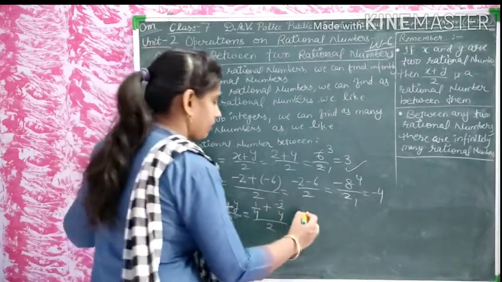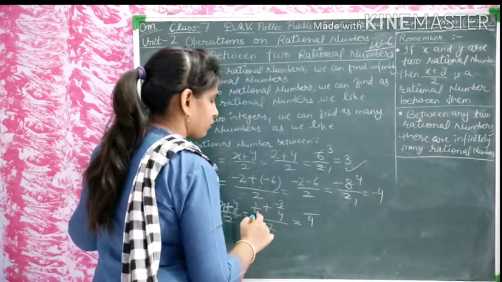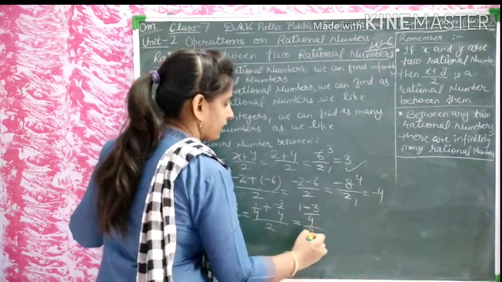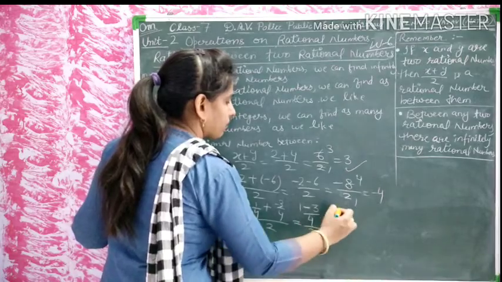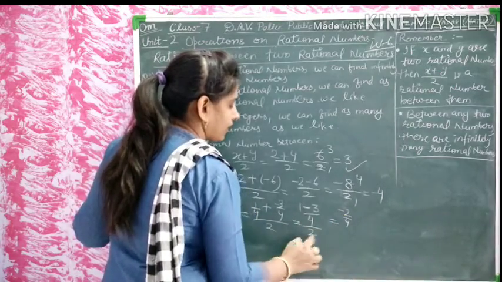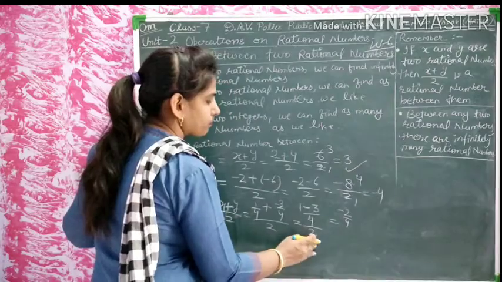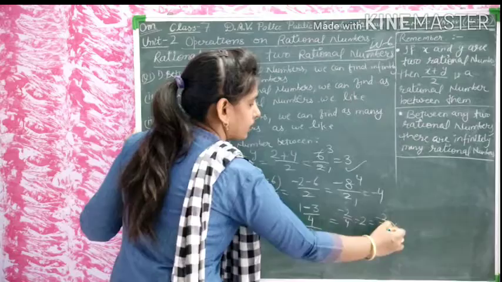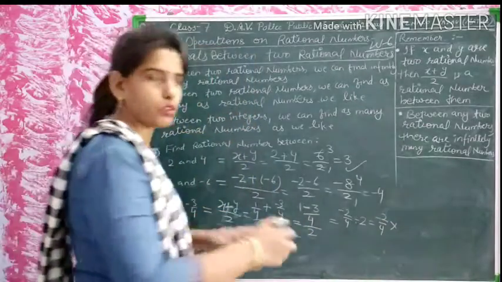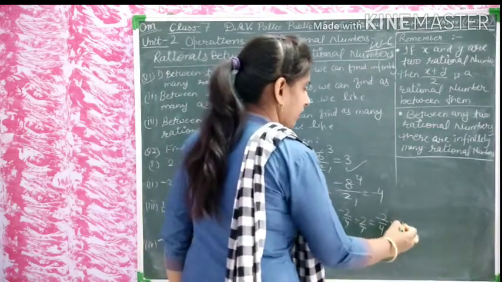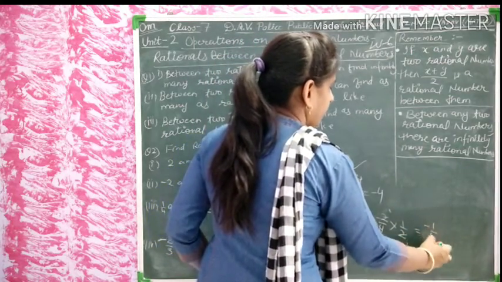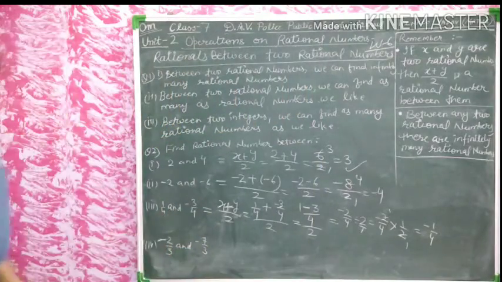The LCM is 4, so 1 plus minus 3 over 4, divided by 2, gives minus 2 by 4 divided by 2. Divide changes into multiply by the reciprocal, so 2 by 1 becomes 1 by 2. 2 in the 2, 2 in the 4, and that equals minus 1 by 4. This is the number between 1 by 4 and minus 3 by 4.